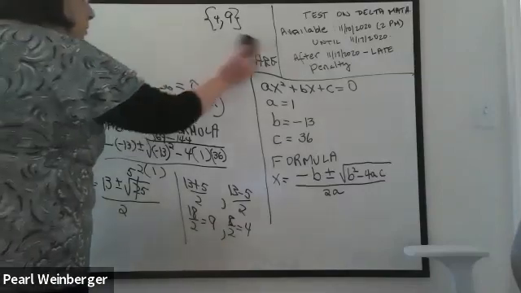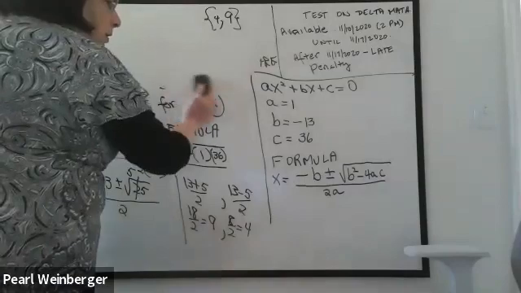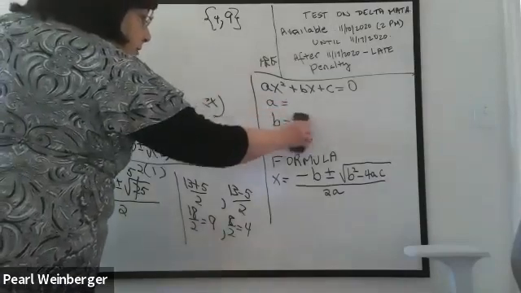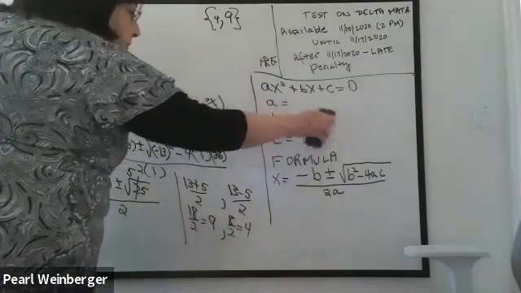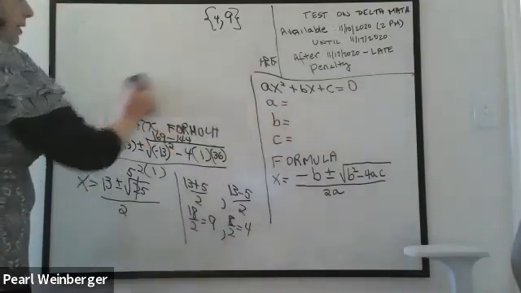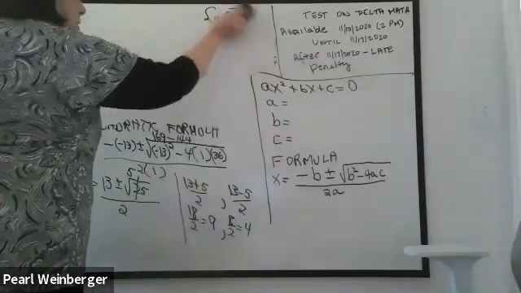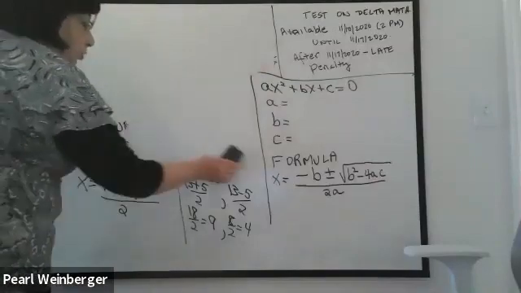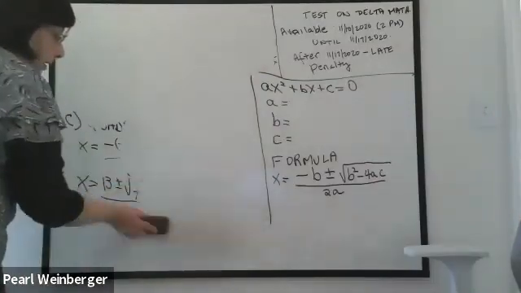Next problem. And I will leave this on for later problems, so we'll just use that as our reference. For next time, make sure you know this formula by heart.